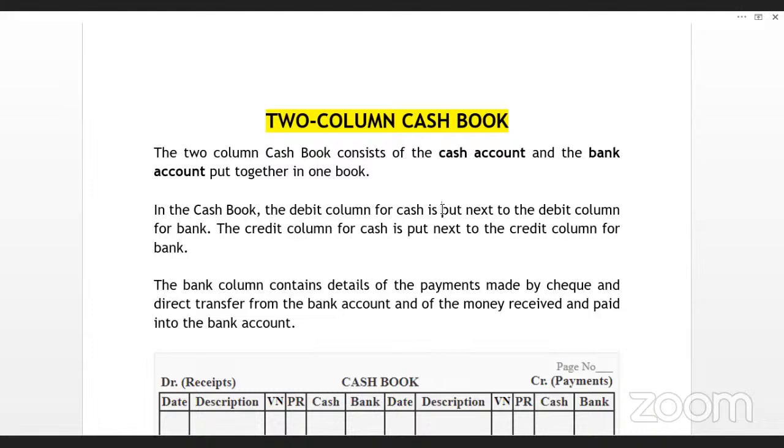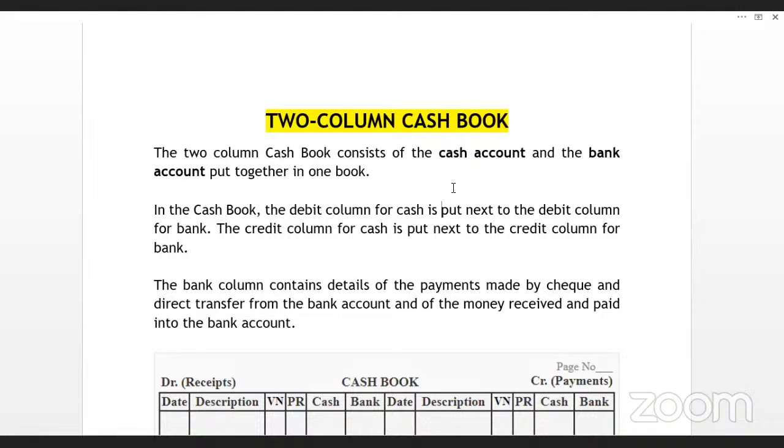We have already said that a two-column cash book consists of a cash column and a bank column. In fact, it combines both the cash account and the bank account. Those two accounts are put together in one book known as a two-column cash book.